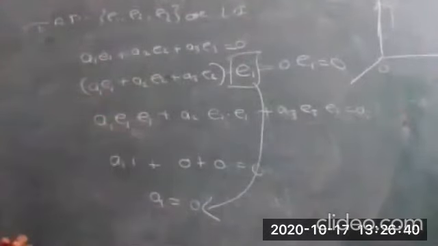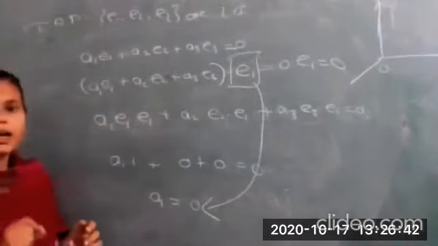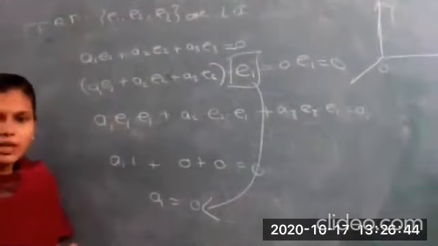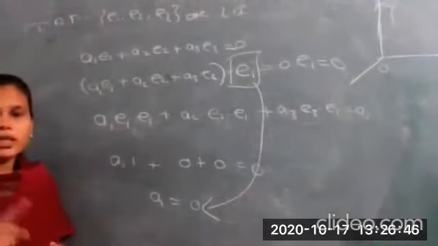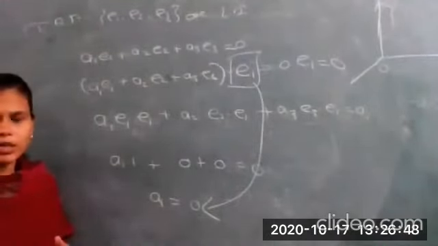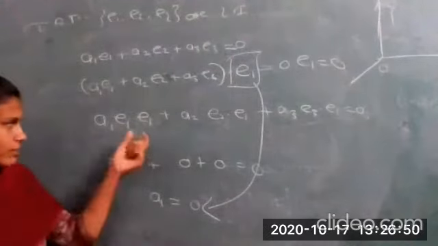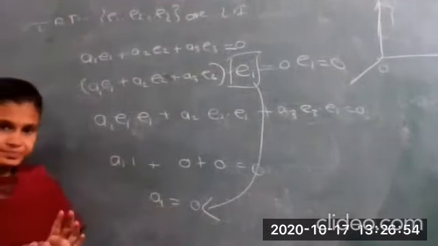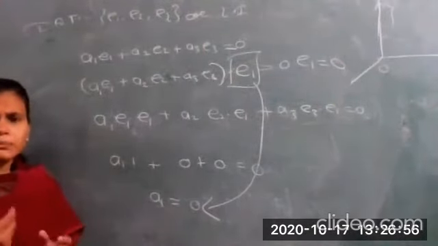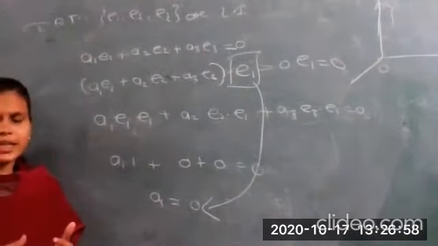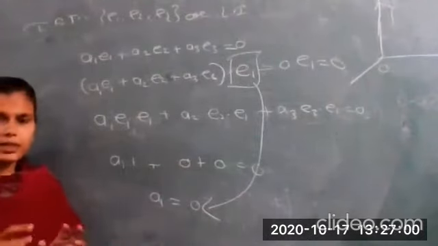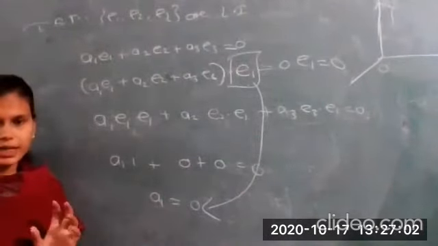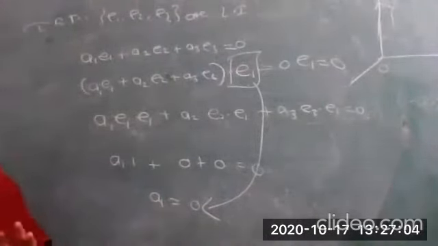Why? Because E1, E2, E3 are given as a frame. What is the meaning of frame? They are mutually orthogonal unit vectors. Mutually orthogonal means what? The dot product of E1 with any other, E2 or E3, is 0. Okay. Why is this 0? Because the angle between the x, y, z axes is always 90 degrees, so cos 90 is 0.